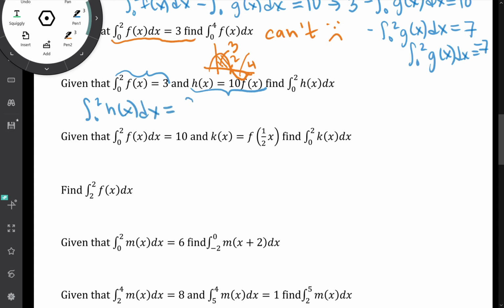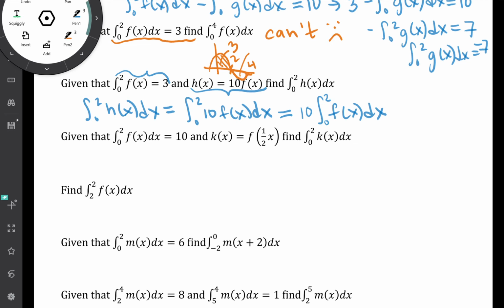We know that h of x is exactly the same as 10 times f of x. One of our properties tells us that if you're multiplying the function by 10, that's the same as multiplying the area under the function by 10, so it's basically just an order thing. It's completely acceptable to find the area under f and then multiply it by 10, as opposed to stretching f by a factor of 10 and then finding the area.